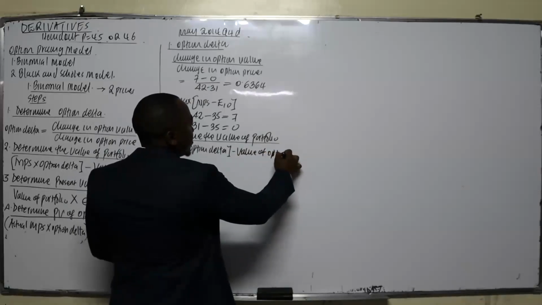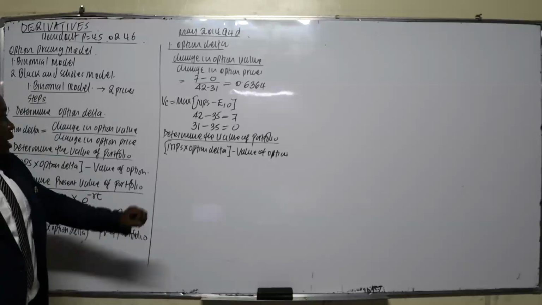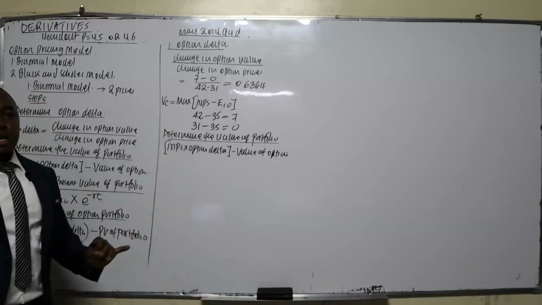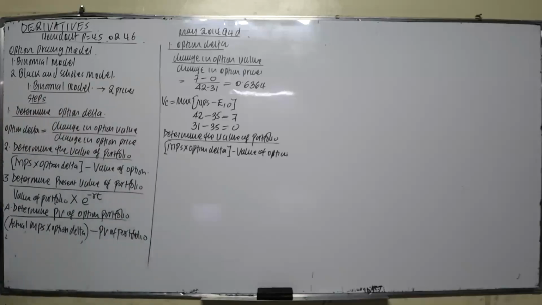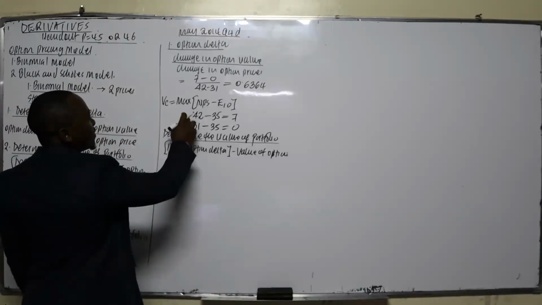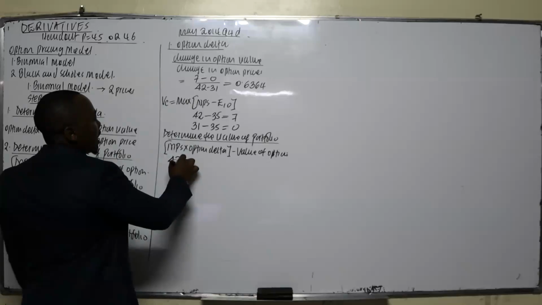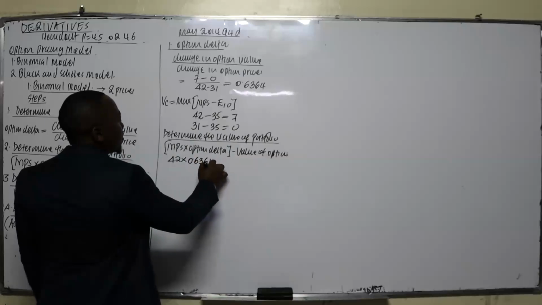Two prices will exist upon maturity, either 42 or 31. When can you exercise? When the price is 42, in short the one giving you a positive value. Are you together? So you take 42 and multiply by the option delta, which is 0.6364.